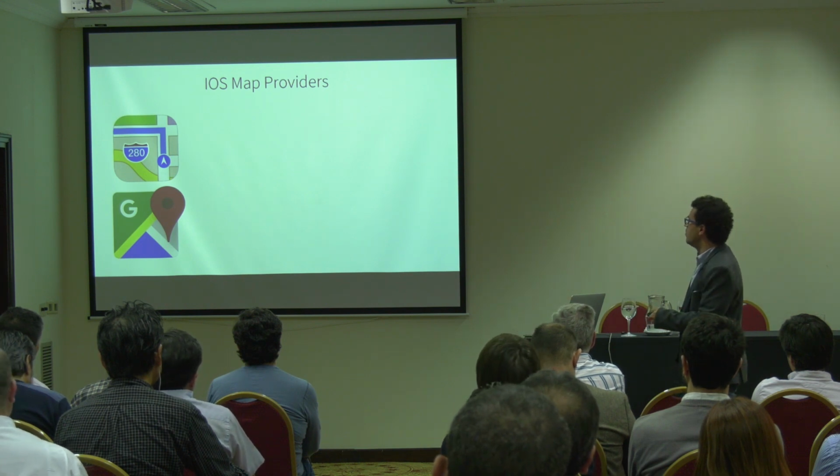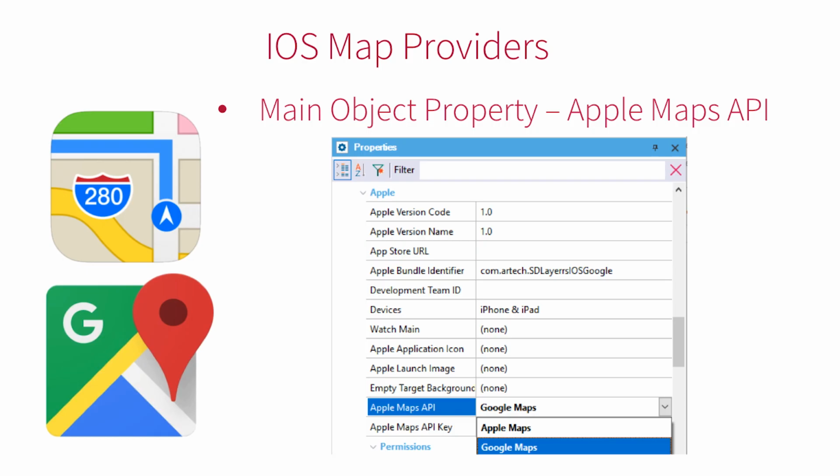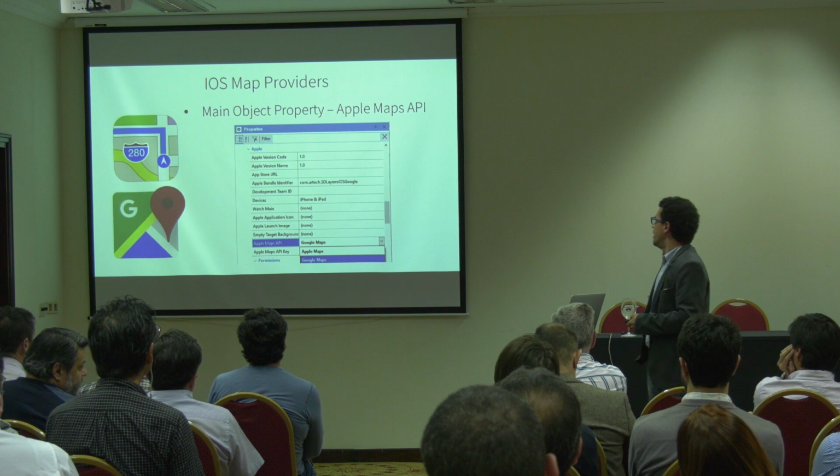And what we've done is we have rewritten all the iOS properties for Google. This means that in any main object, I'll have an Apple Maps app, and I'll be able to choose Google or to continue using Apple Maps.